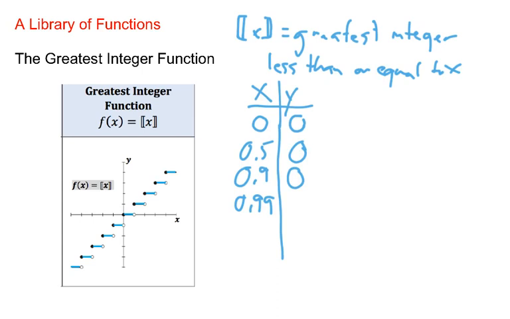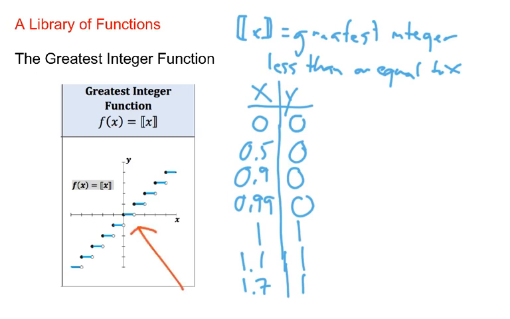Greatest integer less than or equal to 0.99 is still 0. Now, as soon as x gets to 1, the greatest integer less than or equal to 1 is 1. And then 1.1 would give you still 1, and 1.7 would give you 1. That creates a very surprising graph.